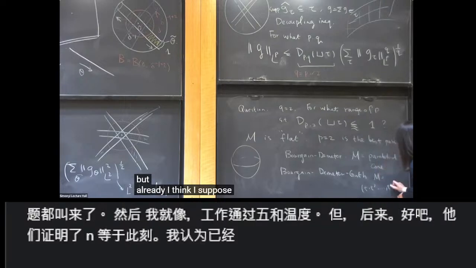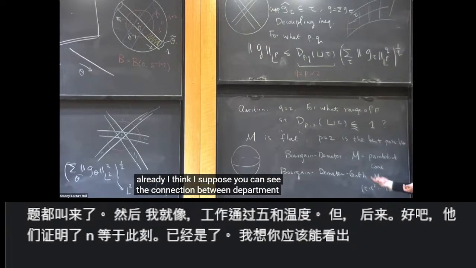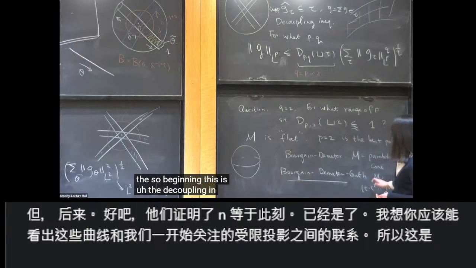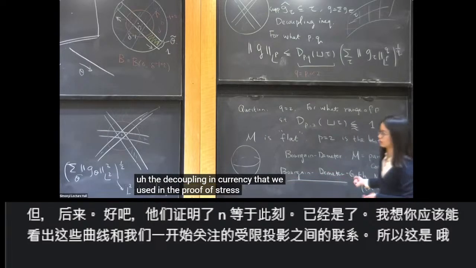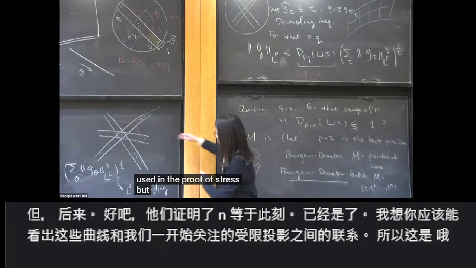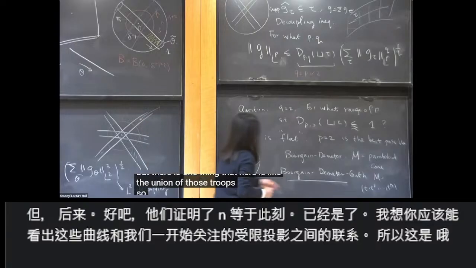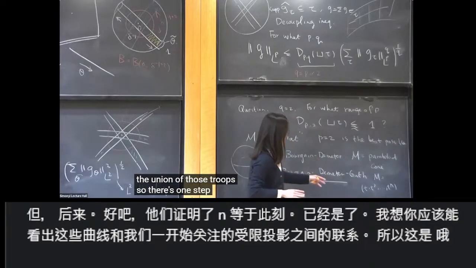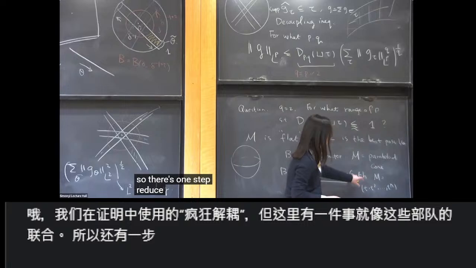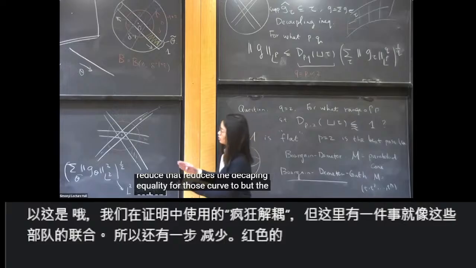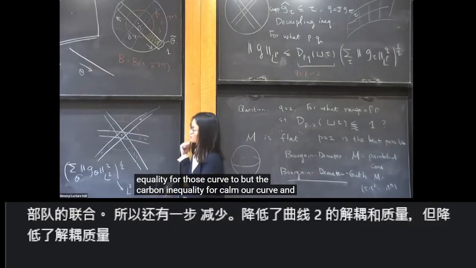Already, I suppose you can see the connection between decoupling for this curve and the restricted projection that we cared about at the beginning. So this is the decoupling inequality that we used in the proof. But here there is a union of those tubes, and so there's one step that reduces the decoupling inequality for those curves to a decoupling inequality for a cone over a curve, and this step is standard.